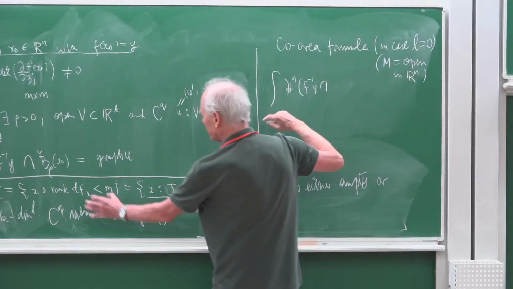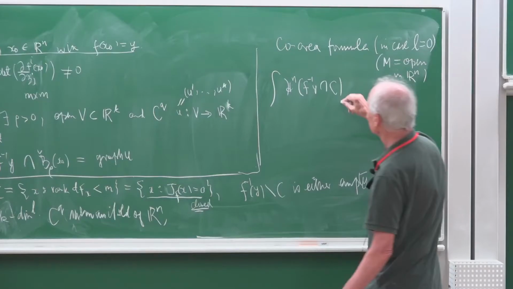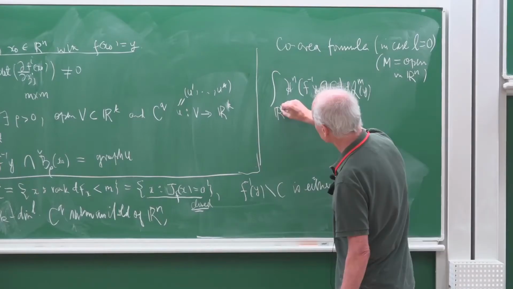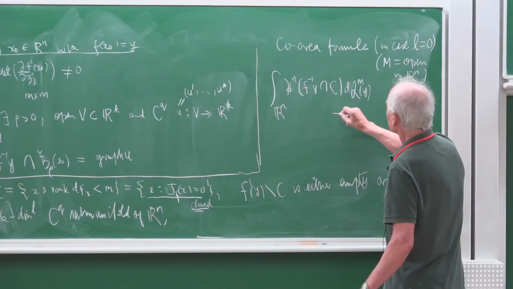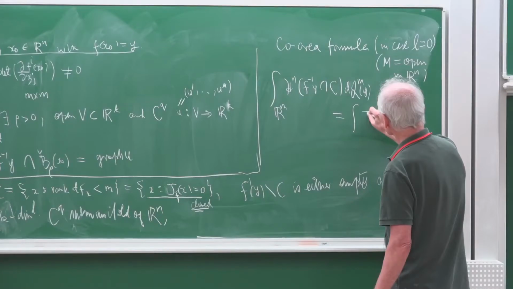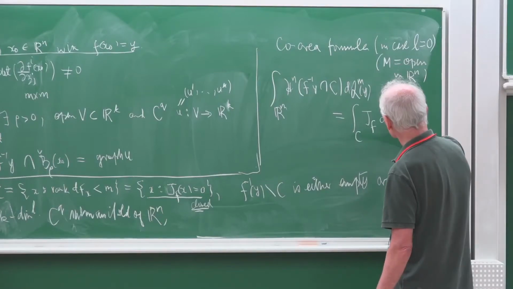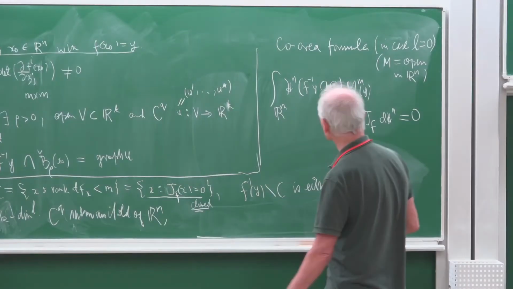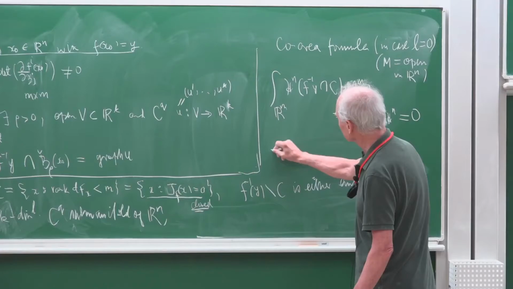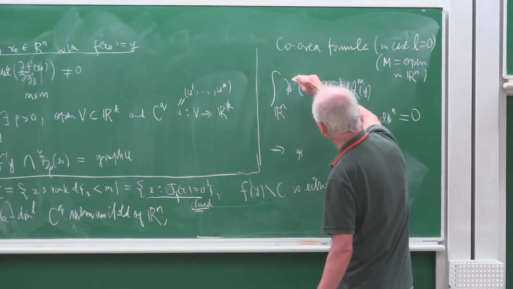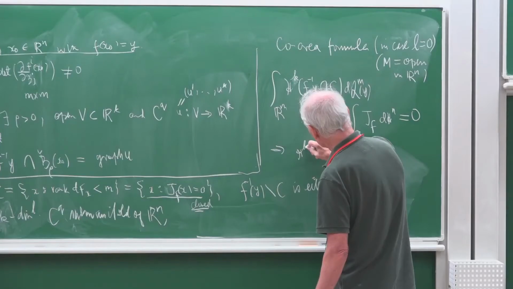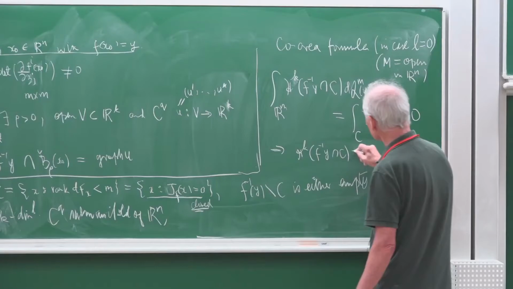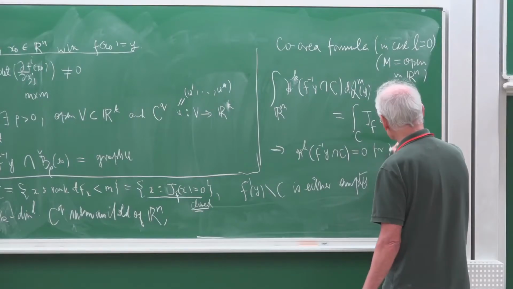So dL^m(y), integral over R^m. That's equal to the integral of the Jacobian over C, dH^n. But of course that's 0 because the Jacobian Jf is 0 in the critical set. So that means that H^n, oh sorry, this is H^k, of f^-1(y) intersect C equals 0 for L^m, rather, almost every y.